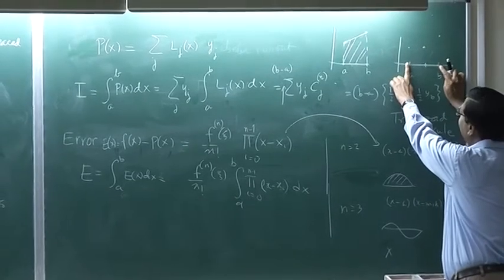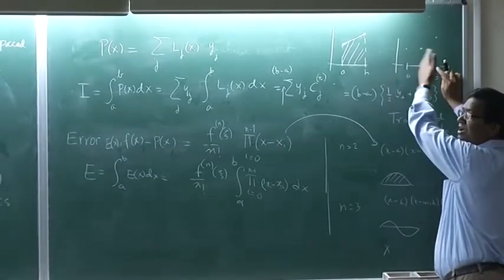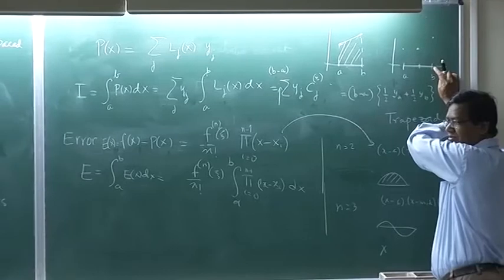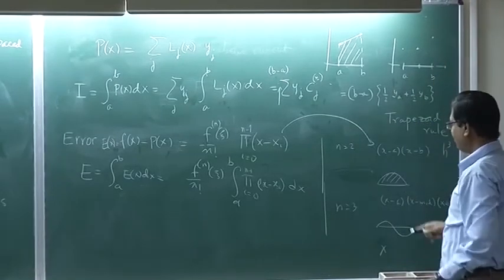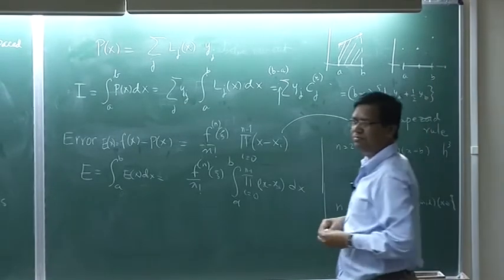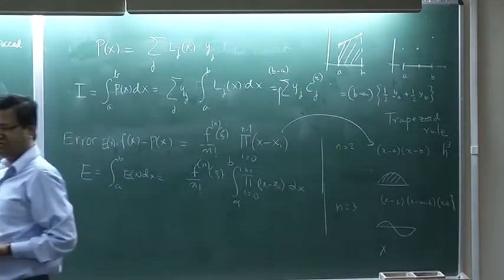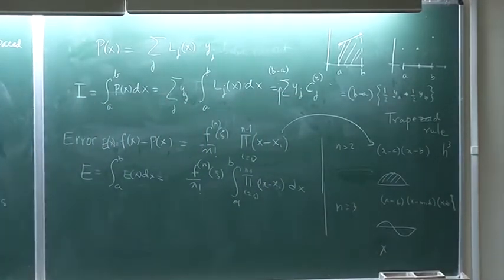So E(x) is integrated from a to b, but my polynomial is a higher order polynomial, and that gives you non-zero error. I am not going to do the algebra here, but the error is less for n odd.